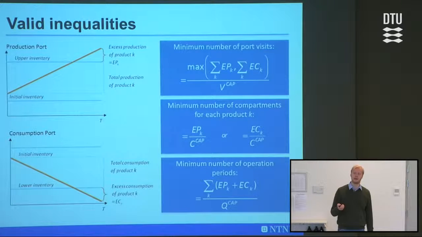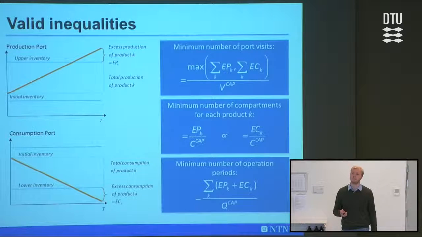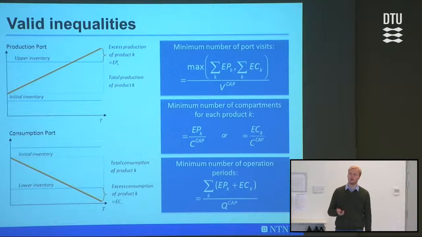So this might say that we need to have a ship operating in this port at least 7 days in a 6-week period or so. So these constraints can be added a priori to the model, and it increases the bound quite a lot.